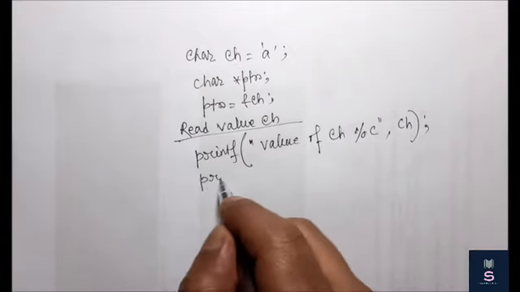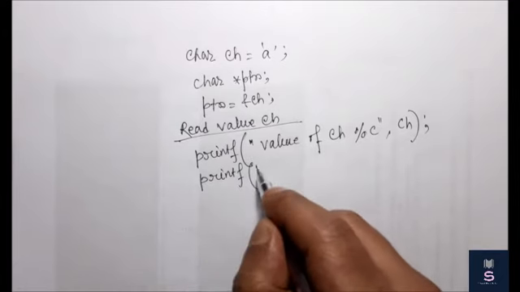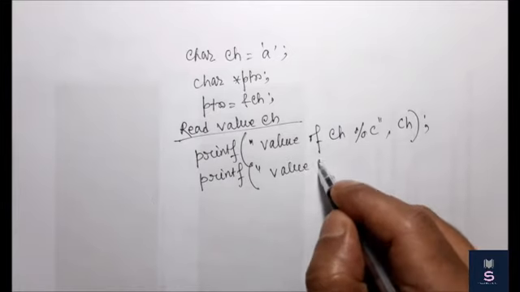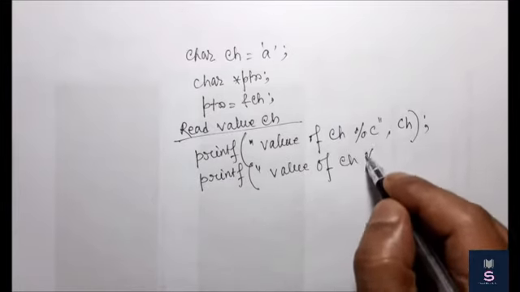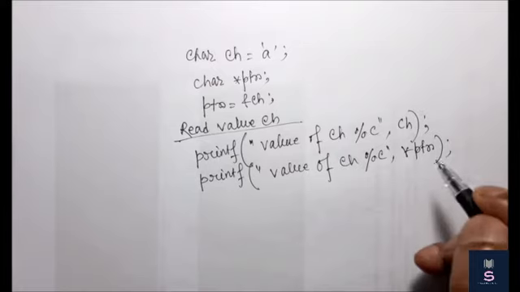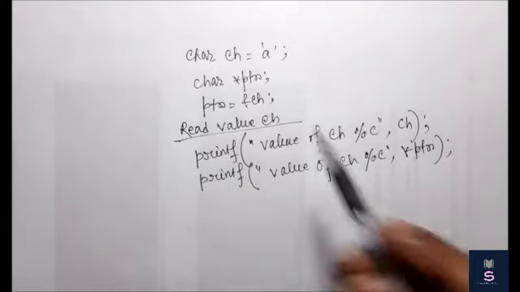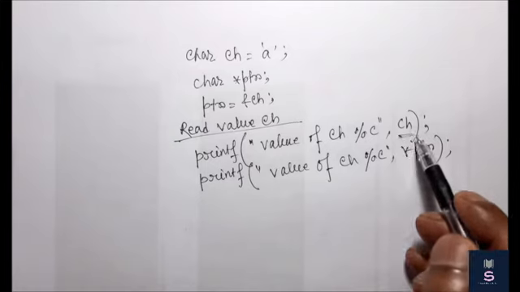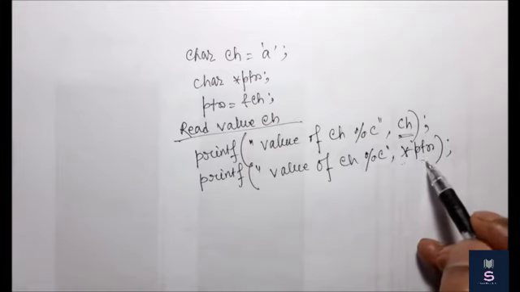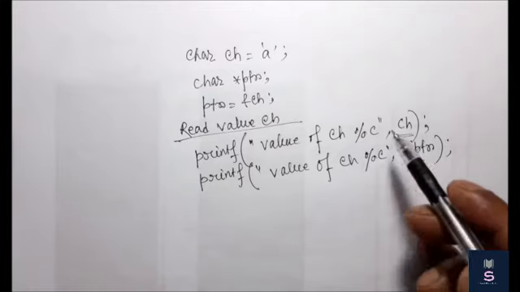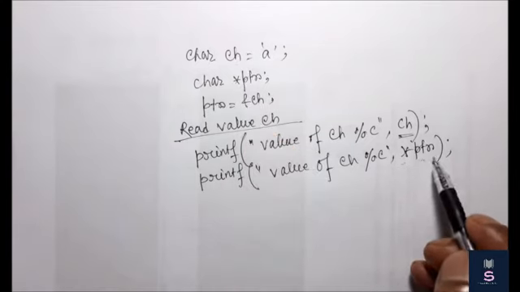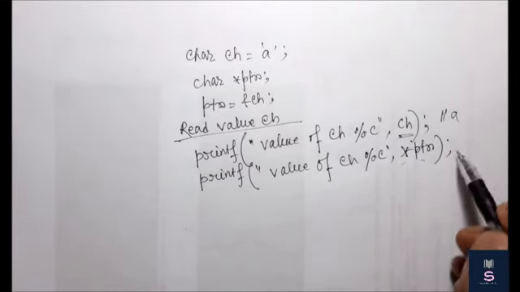And if I want to print the value of ch in another way, I can use value of ch %c and star ptr. Here in this example I want to say that we can use the value directly from this variable, or we can use star ptr, which means value at this address. This address is the address of variable ch, which will be assigned to the pointer ptr. So I will get the same value, the output a.